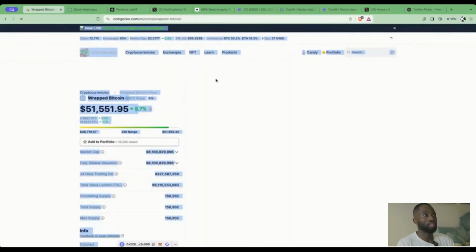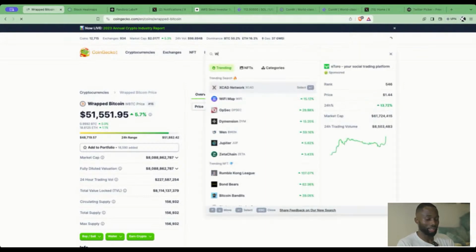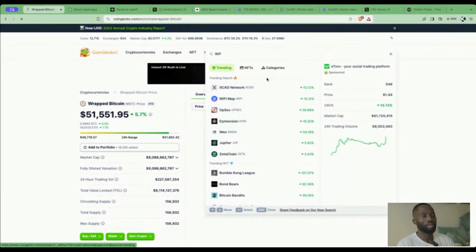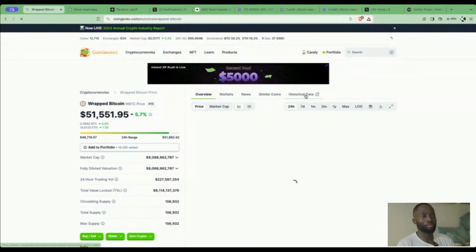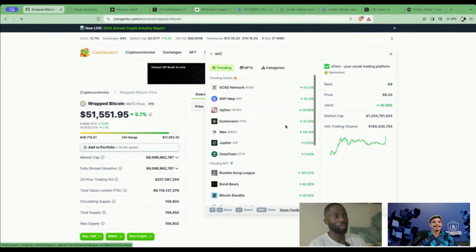So let's find out how whiff is doing at the moment, quickly. You see, even CoinGecko is hating. I'm trying to find whiff, but it's trying to block my blessing. They don't want you to make money, bro. They're trying to block your blessings. Man, that is really, really weird.